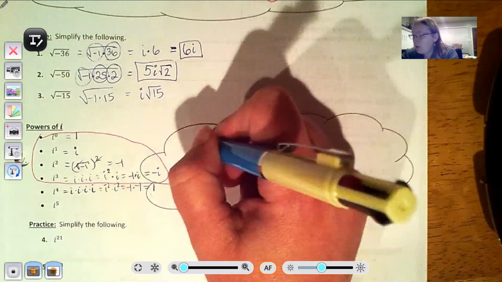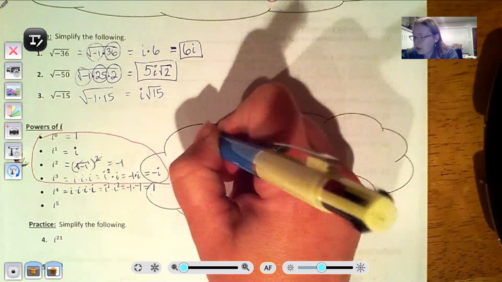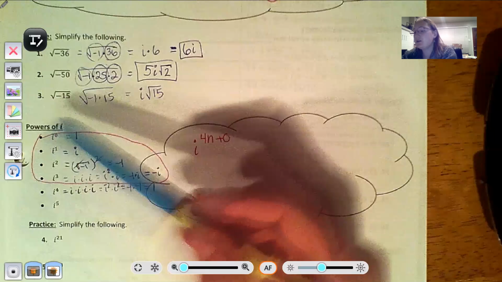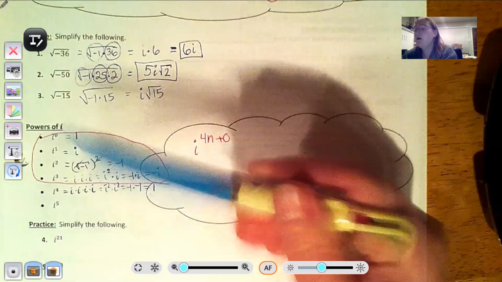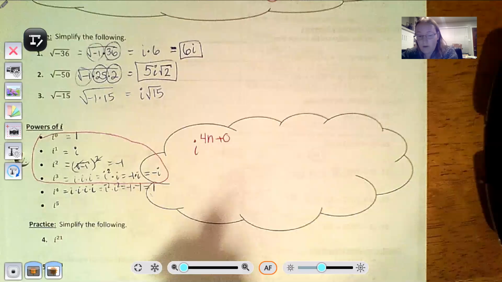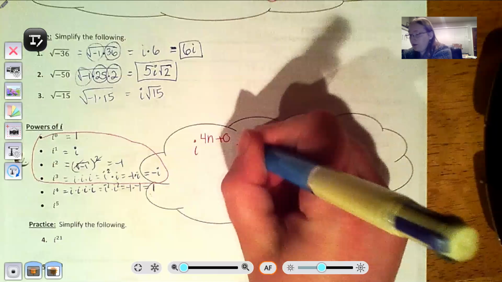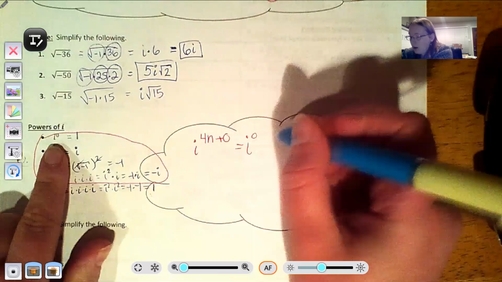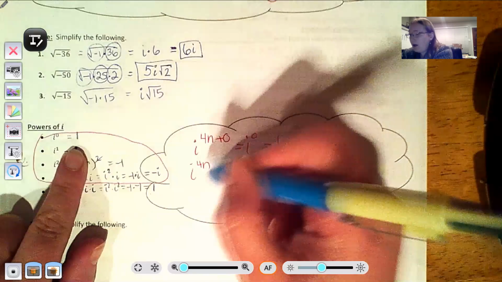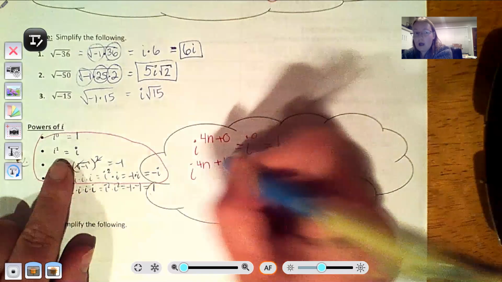And so I can say, well, what if I did 4 times an integer, but I have a remainder of 0? That means I've gone around who knows how many times, but I'm landing with an exponent of 0. Well, that's equivalent to landing at an exponent of 0, which is 1. What if I went around who knows how many times around these 4, and I end up with a remainder of 1?